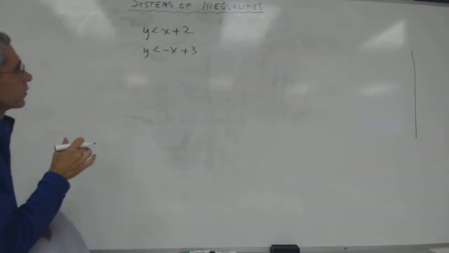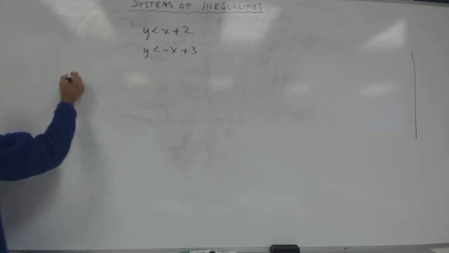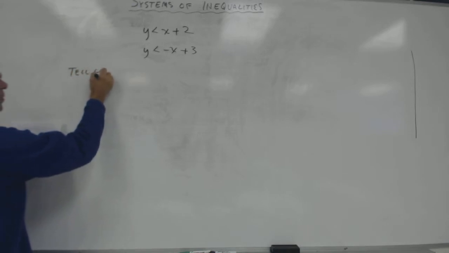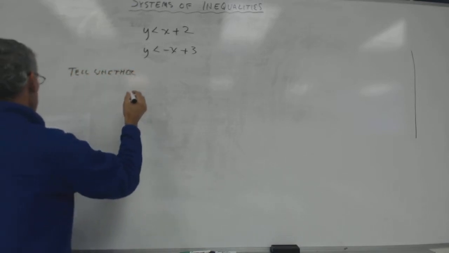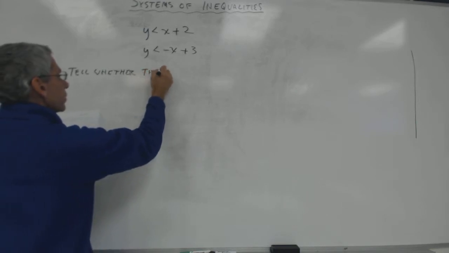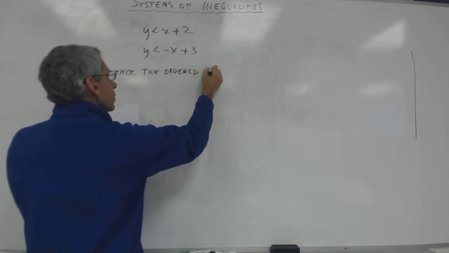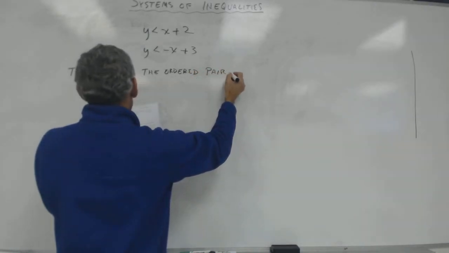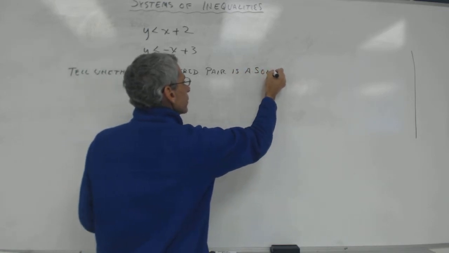I'm going to graph it in a few minutes, but before that, I want to ask a question. This is a kind of question that you might get: tell whether the ordered pair is a solution of the given system.